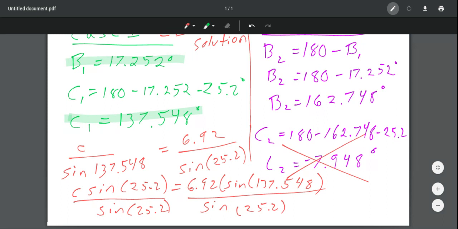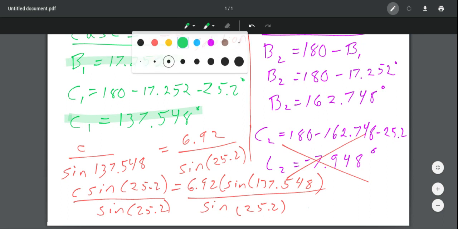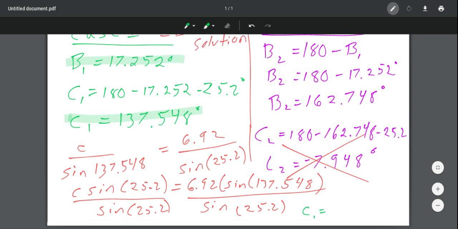I get 6.92 times the sine of 137.548 divided by the sine of 25.2. And I would get that little c, that last c, little c1 from that triangle, to be 10.970. So that would be the third unknown of that triangle.